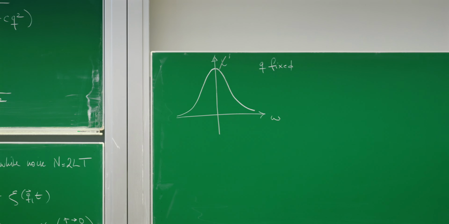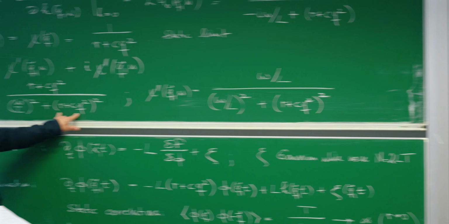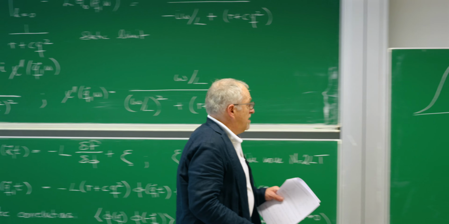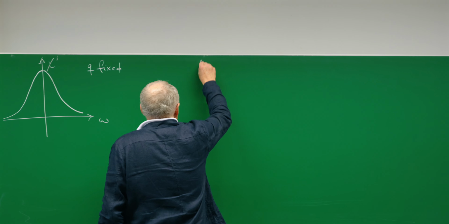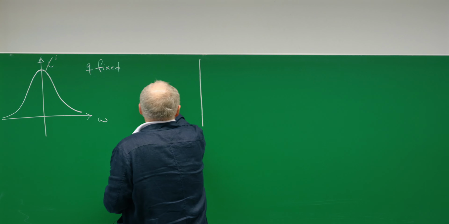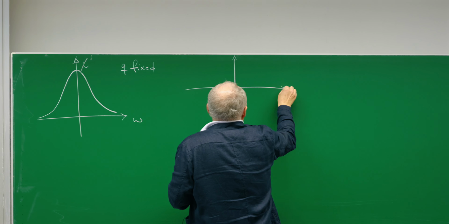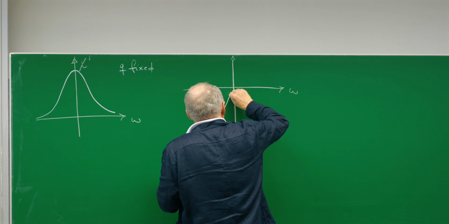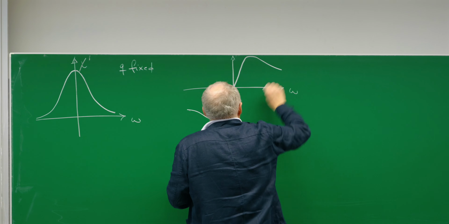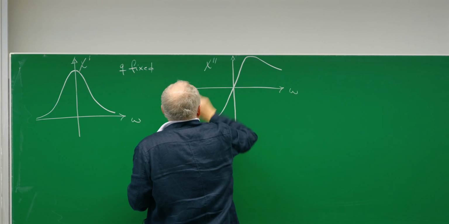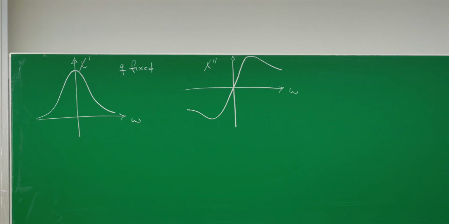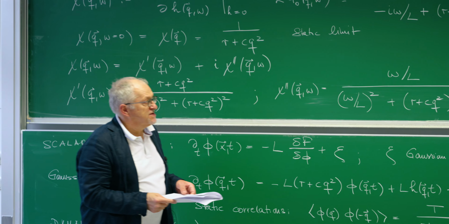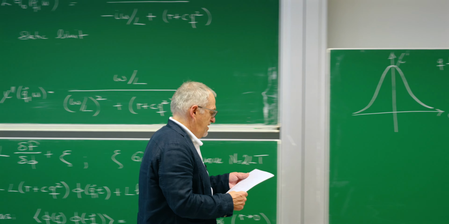And as said, the width of it is determined by r plus c q squared. And when you look at the imaginary part, it has a similar structure, but now odd. So it's looking something like that. That's chi double prime of omega. And these are typical structures for response functions, and their real and imaginary parts.